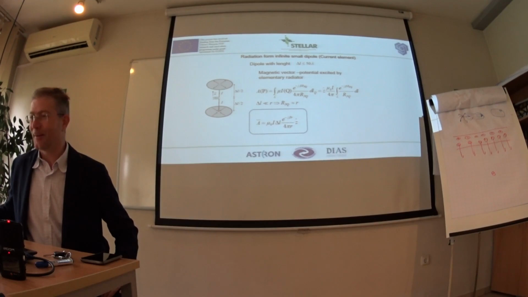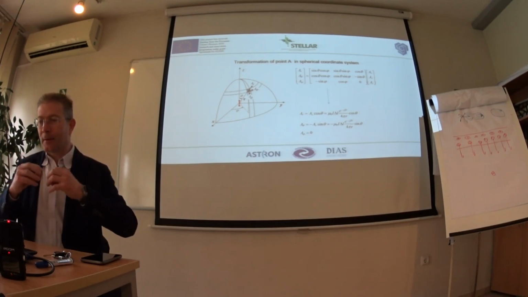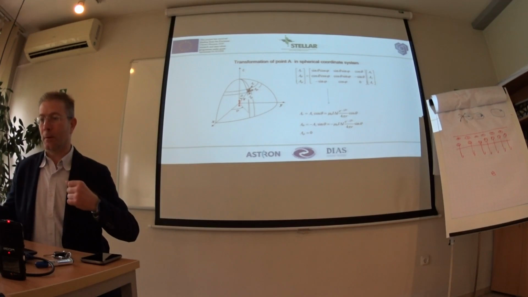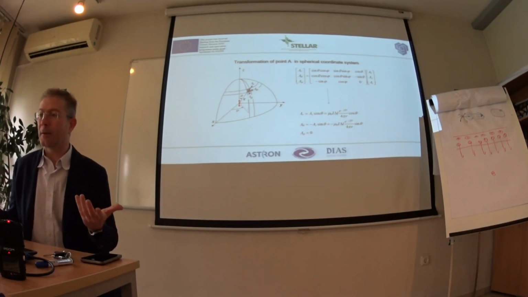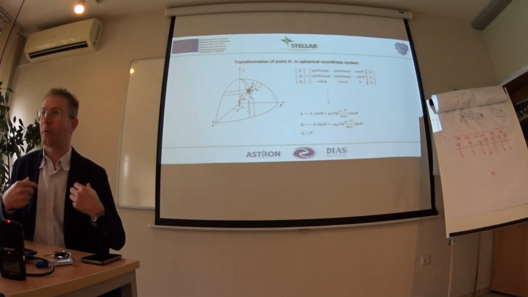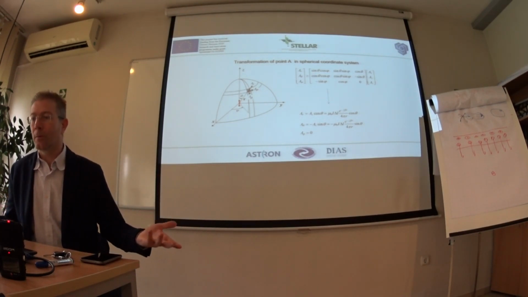Here is a current, a small dipole. I will skip that. And this is the translation from Cartesian to the spherical polar coordinate system, which is our natural coordinate system. We work in polar coordinates, but use Cartesian because it's simpler.